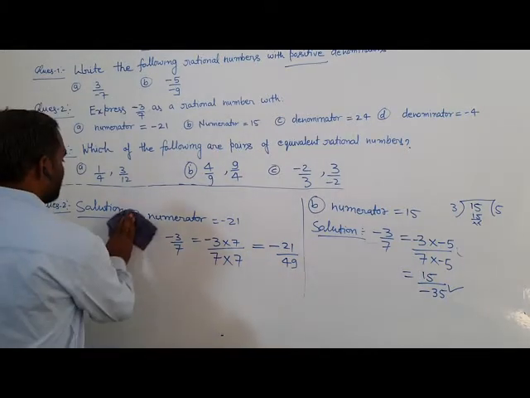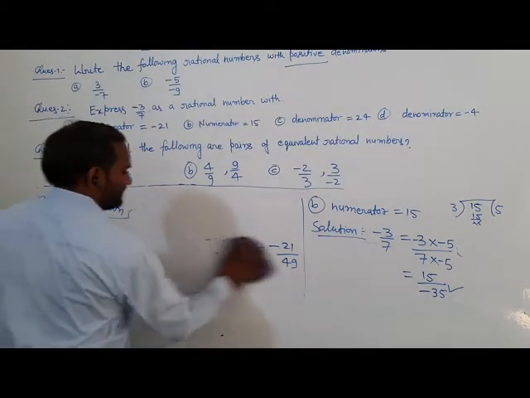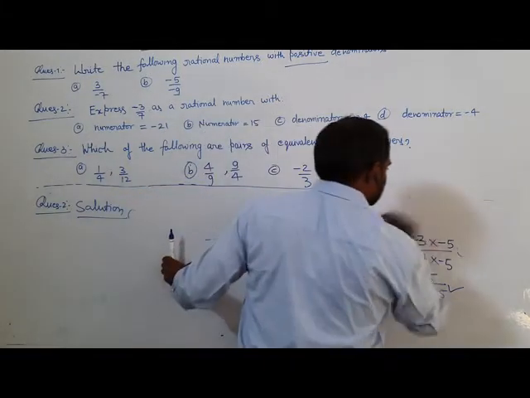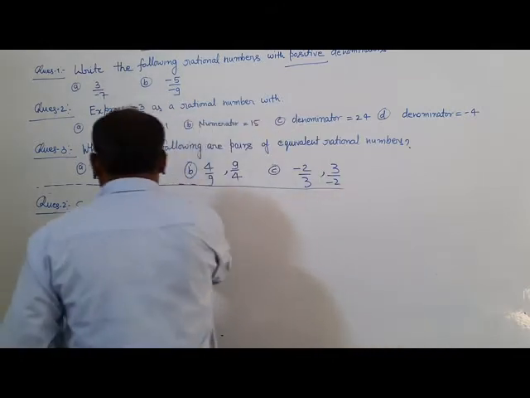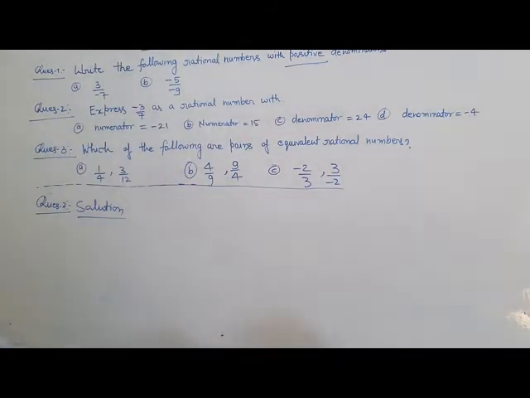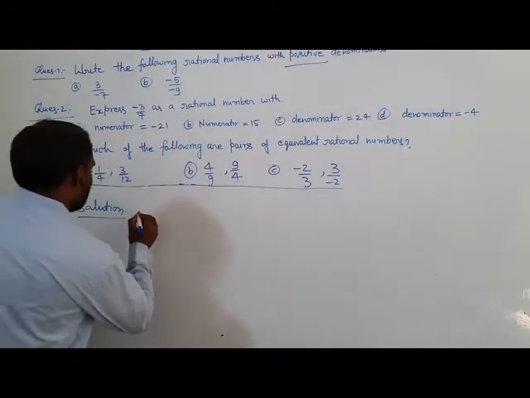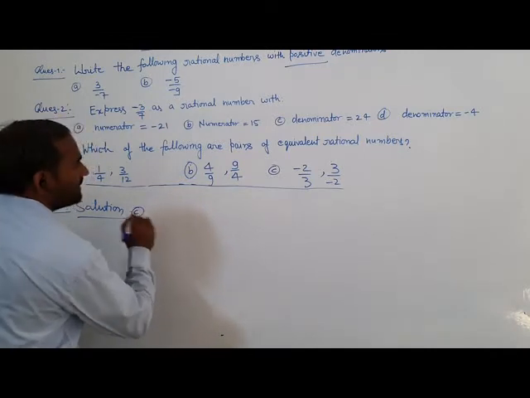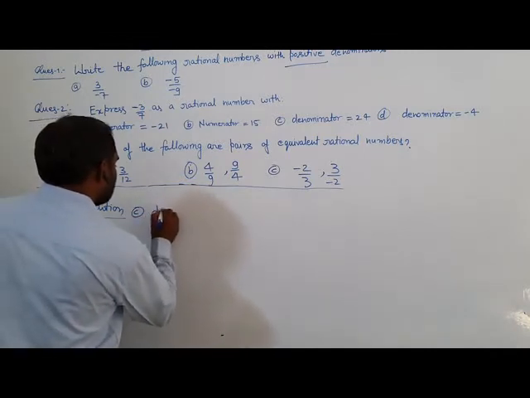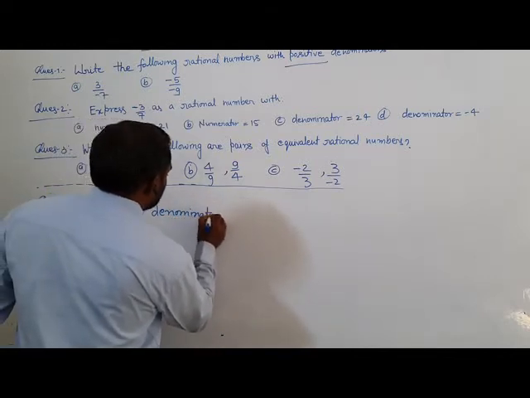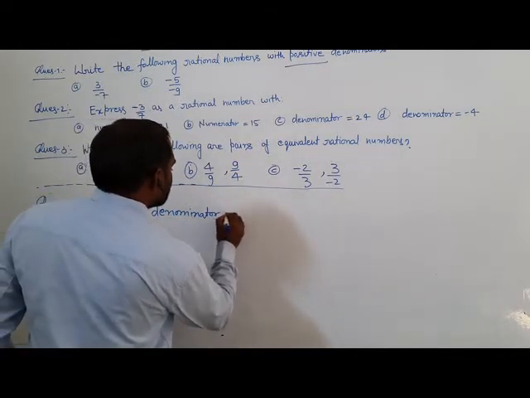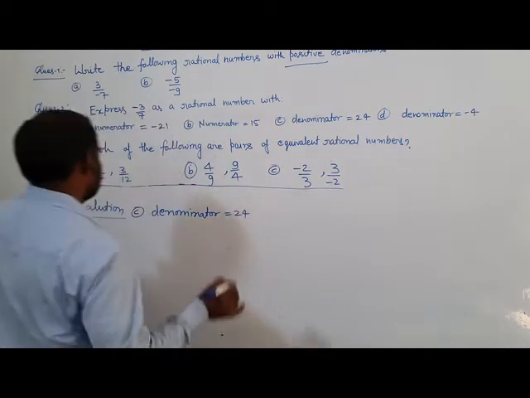Take the example, option C. Option C: denominator is equal to 24. Solution.